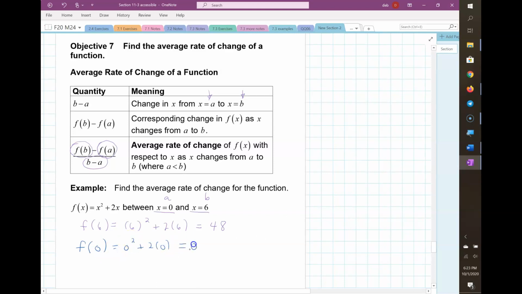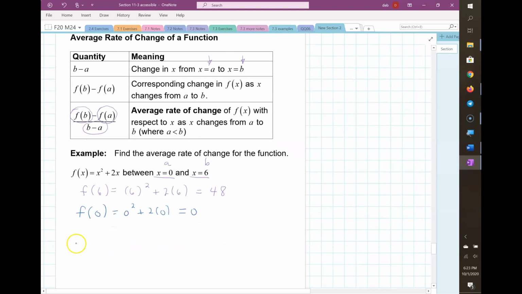That's 0. So now I want to find the average rate of change, and you can abbreviate that if you like. So it's going to be f of 6, 48, minus f of 0, 0, over 6 minus 0, so it's going to be 8. Okay, so that's the average rate of change.